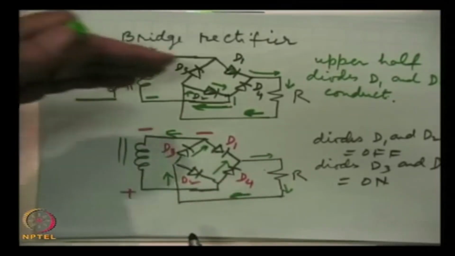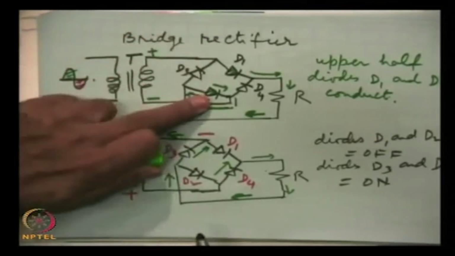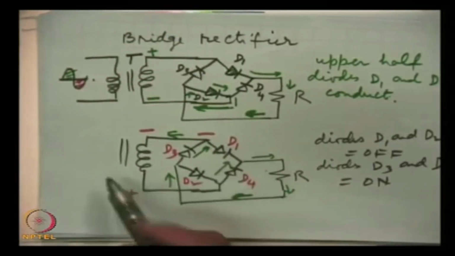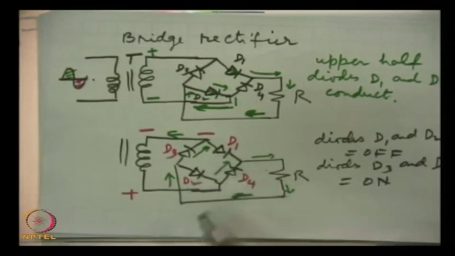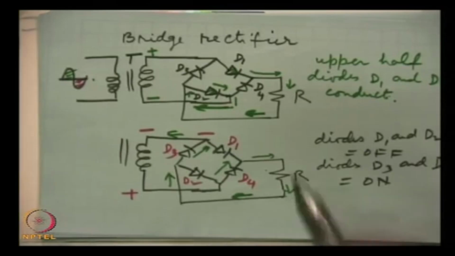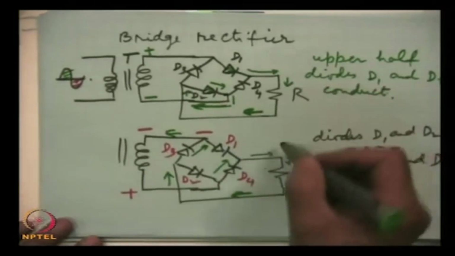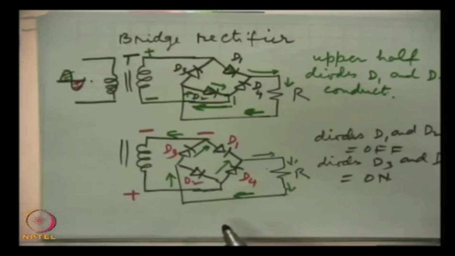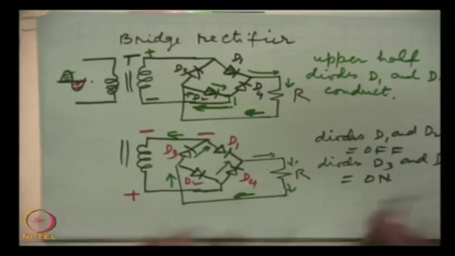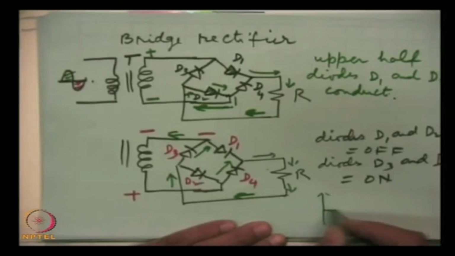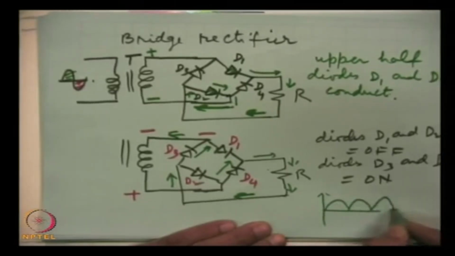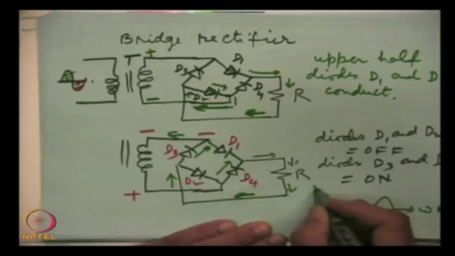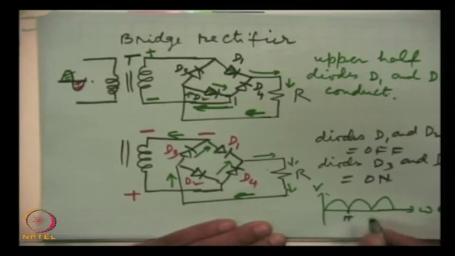For the upper half, positive half, these two diodes will conduct and these two will be off, and for the lower half these two diodes will conduct and these two will be off. So current flows always in one direction through the load, and the output, as in the full wave rectifier, will contain both half cycles.